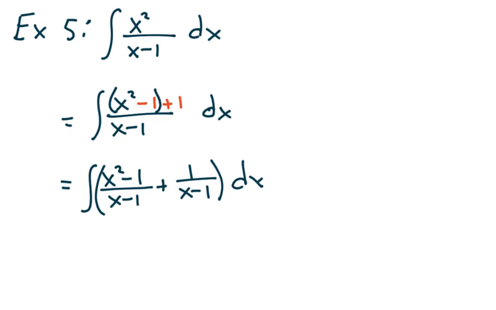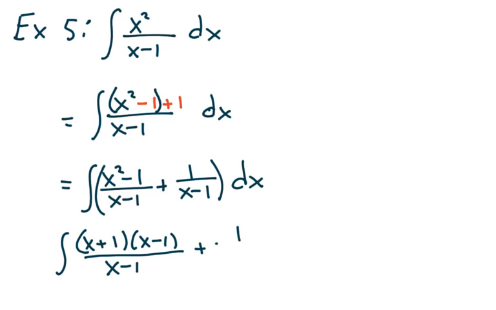So I'm going to write it this way. But remember that x squared minus 1 is (x plus 1) times (x minus 1), divided by x minus 1. And then I'm going to add 1 over (x minus 1). This whole thing dx, the x minus 1's cancel. So what I get is the integral of x plus 1 plus 1 over (x minus 1) dx.